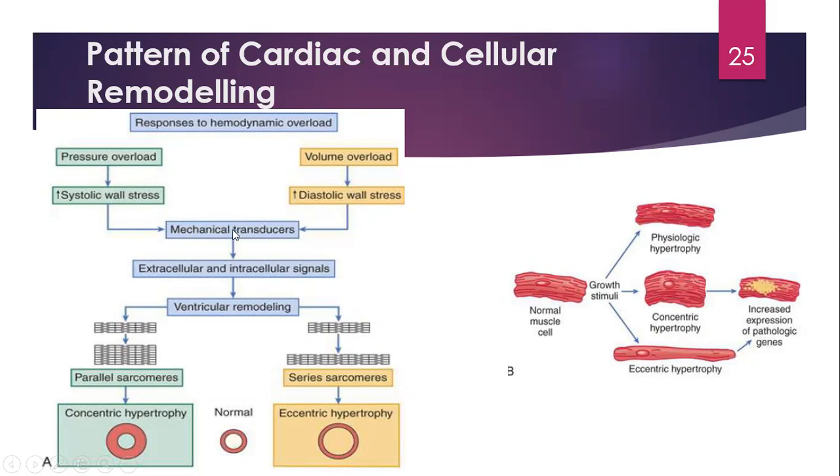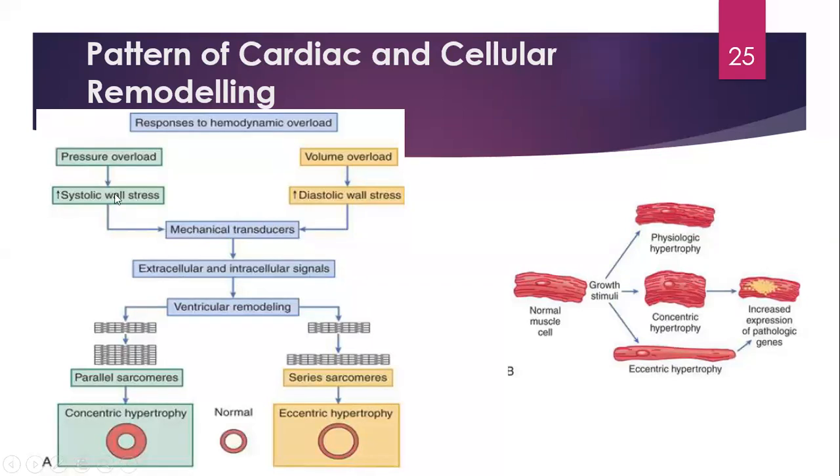We mentioned titin when we were looking at the heart as a pump. But apart from being a structural protein, it can also transduce certain effects on the heart, like sensing pressure and using that to transduce signals. Those mechanical transducers like titin transduce the signal and cause extracellular and intracellular signals that result in remodeling.